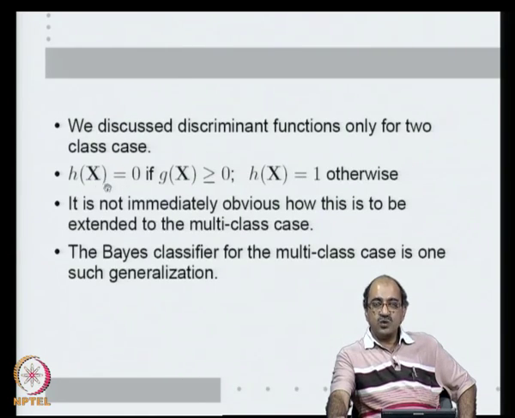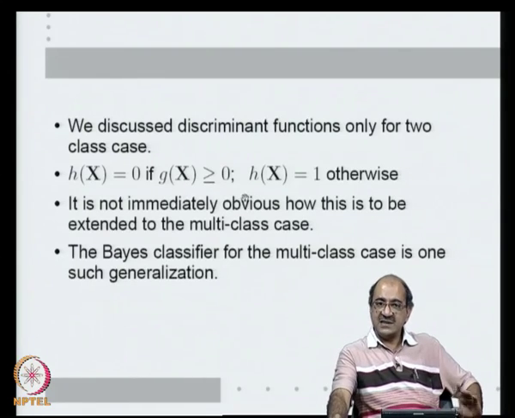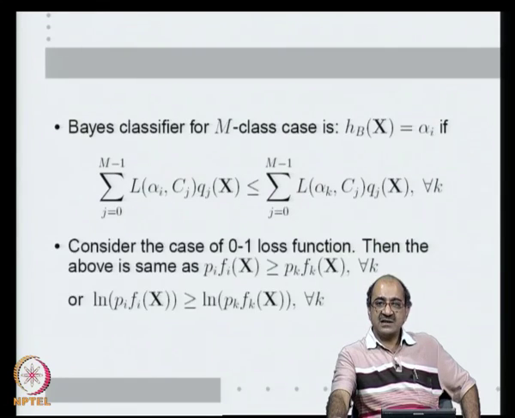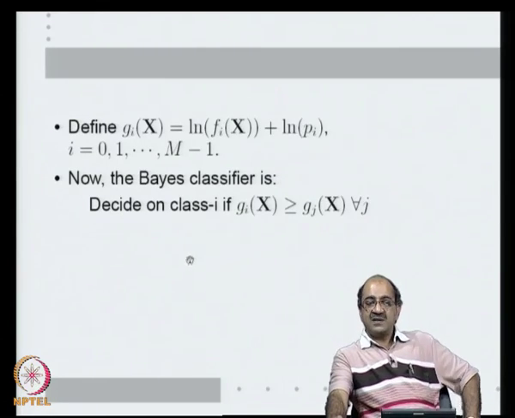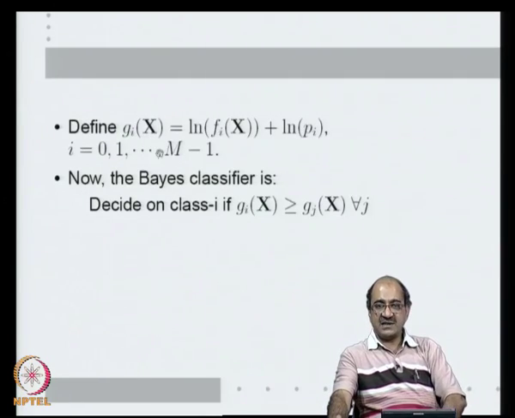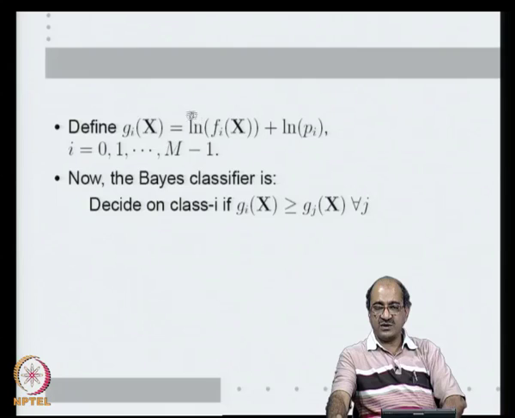So, in the two class case, the discriminant function based classifier is h(x) equal to 0 if g(x) greater than 0, where g is a single function, that is called the discriminant function. Now, the Bayes classifier for the 0-1 loss function case turns out to be that there are some m functions g_i(x), given in terms of the class conditional densities, but that is of no concern to us right now.